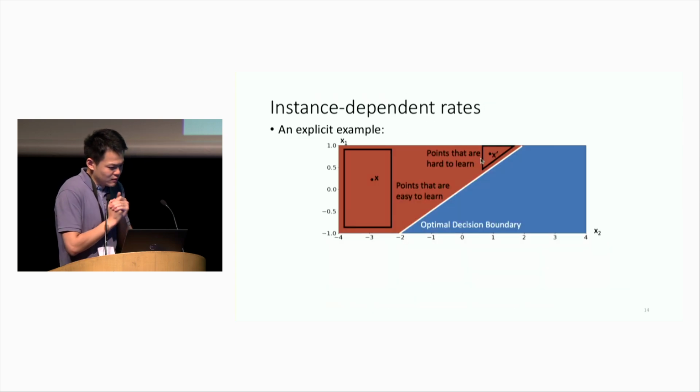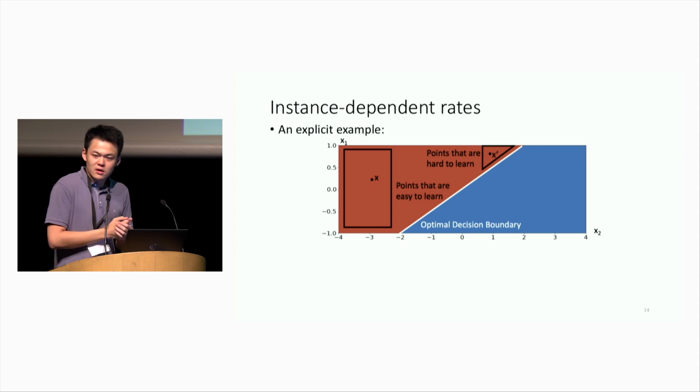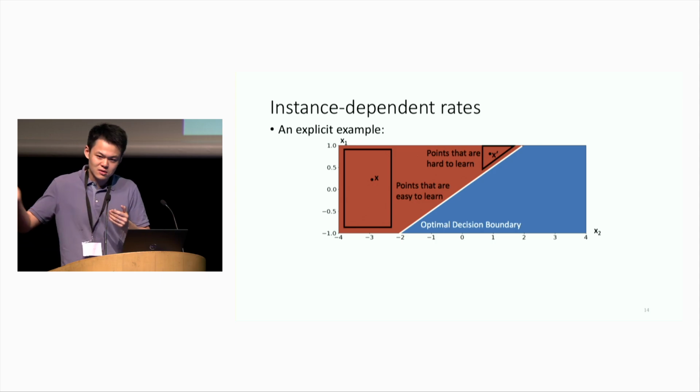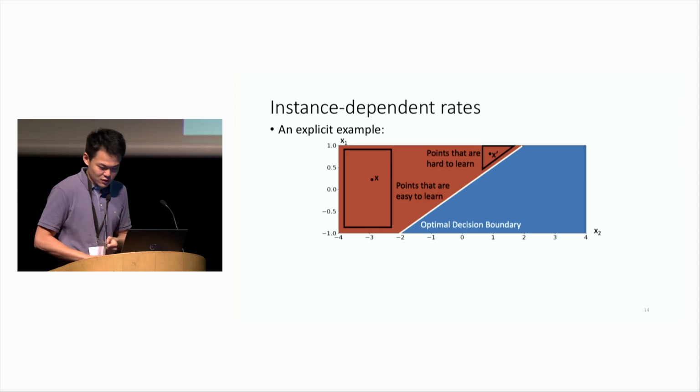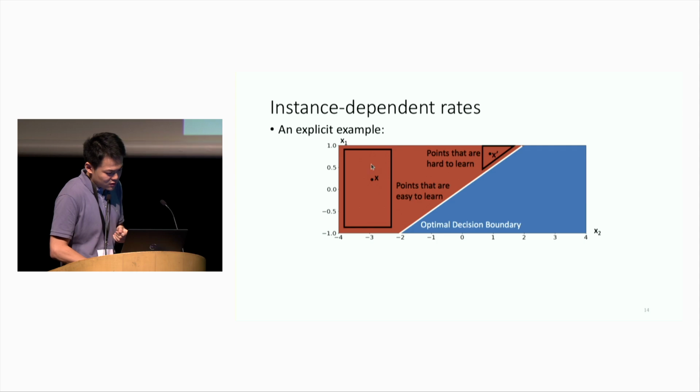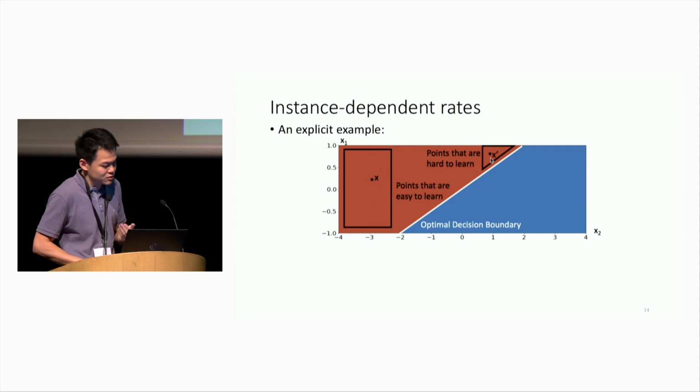And this is also why we study nearest neighbor: although this behavior happens for both nearest neighbor and neural network training, we can only analyze this for nearest neighbor because for nearest neighbor, we have an easy way to quantify this level of difficulty. So here, if we consider a uniform distribution over a rectangle, clearly the points near x are easy to learn and points near x prime are hard to learn.